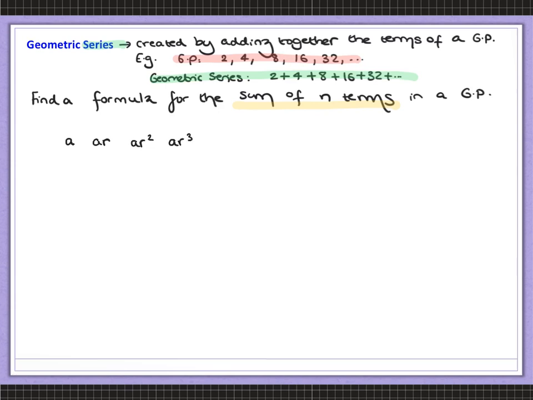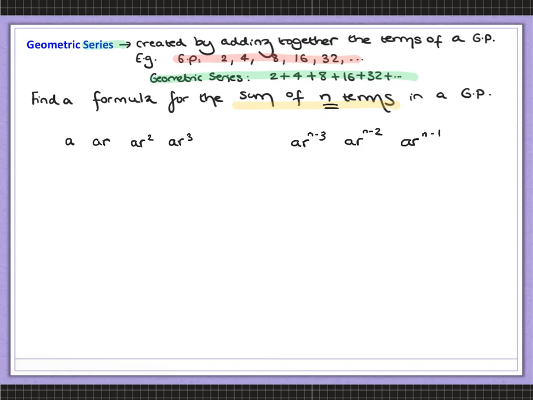And my last term, if I have n terms in this geometric progression, will be ar to the power of n minus 1. And the term before that would be ar to the n minus 2. And the term before that would be ar to the n minus 3.